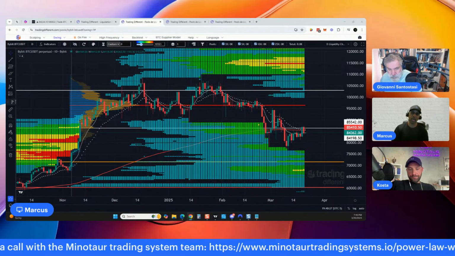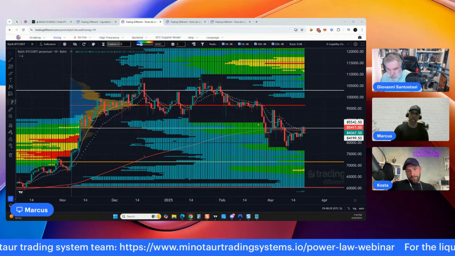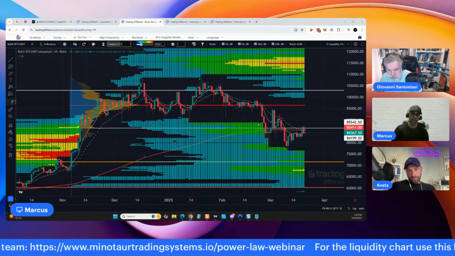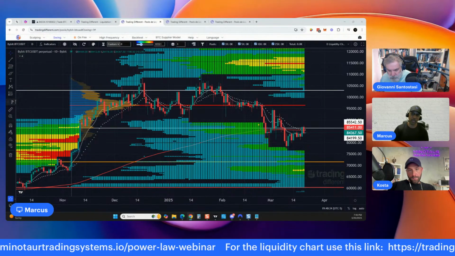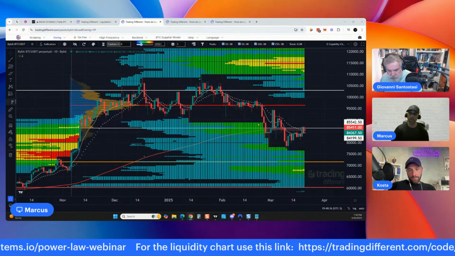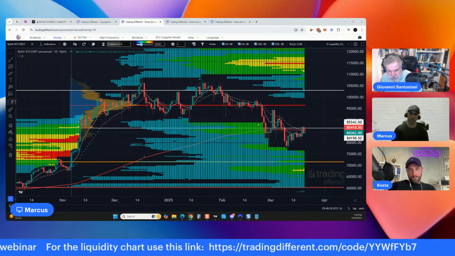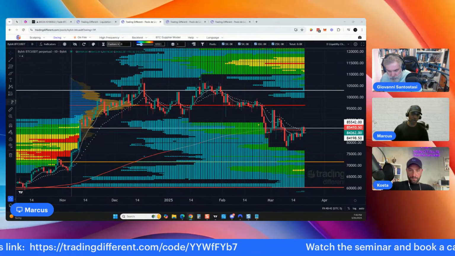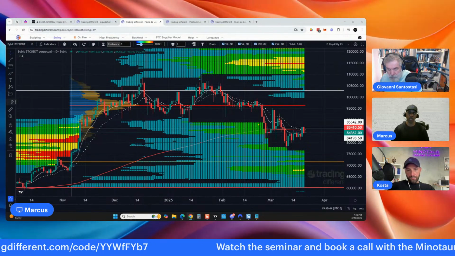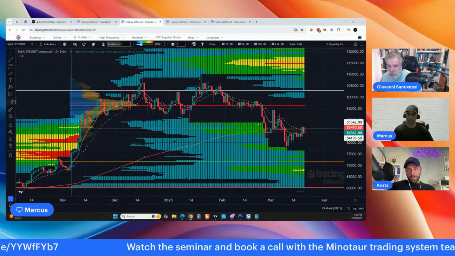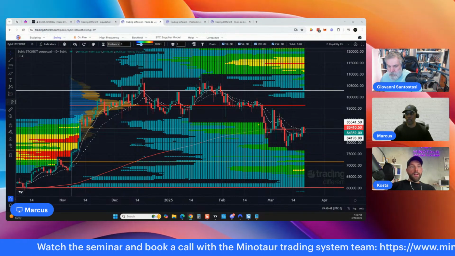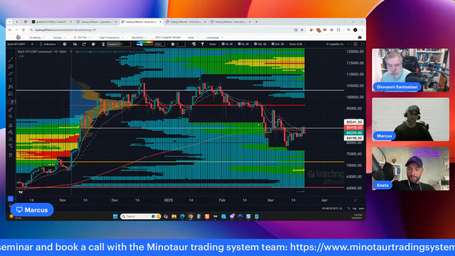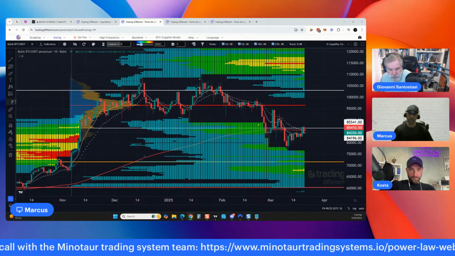There are different types of heat maps. Some heat maps focus on limit orders and orders that have not yet been executed. This heat map focuses on orders that are already executed. These positions are already in drawdown or in slight profit or neutral, but they're in the market. So it's very, very accurate in determining where the price may go, because liquidity is a magnet for price.